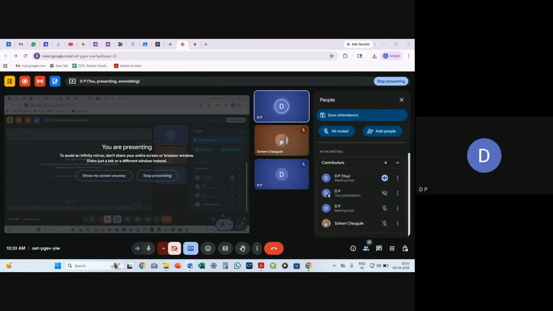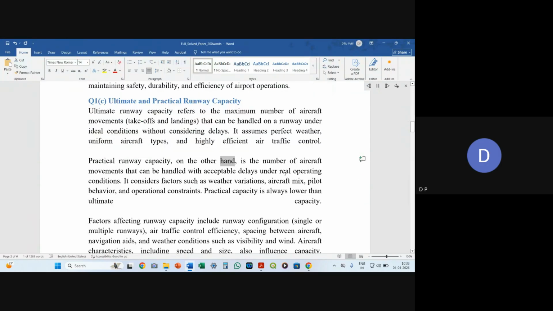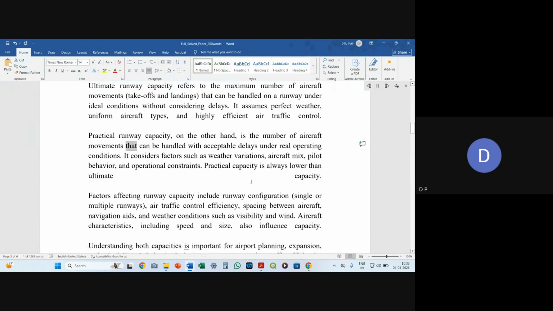Practical runway capacity, on the other hand, is the number of aircraft movements that can be handled with acceptable delays under real operating conditions. It considers factors such as weather variations, aircraft mix, pilot behavior, and operational constraints. Practical capacity is always lower than ultimate capacity.